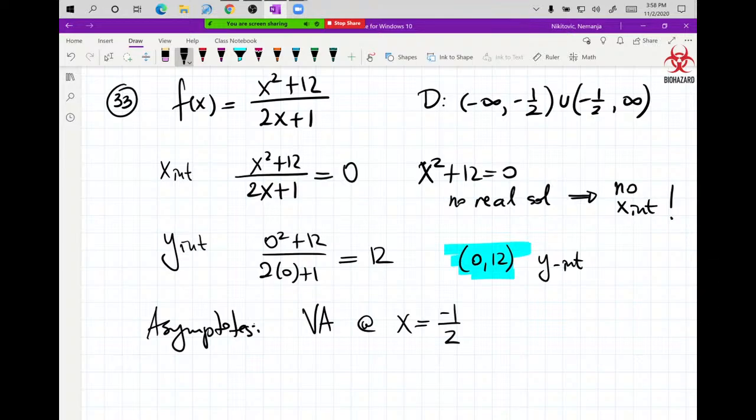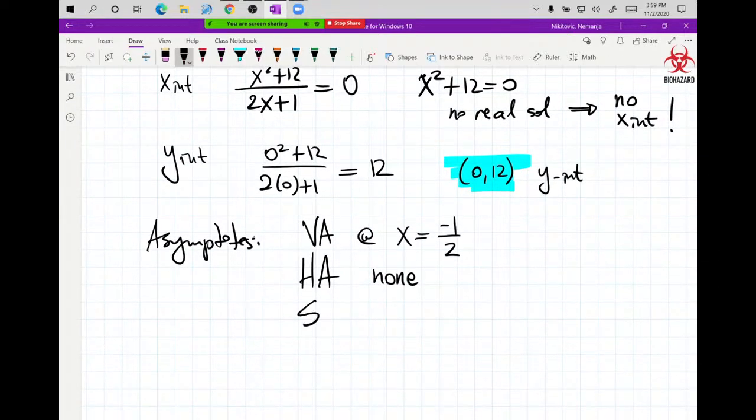Horizontal asymptote is none, because the degree in the numerator is larger than the degree in the denominator, and if you are to take the limit of that as x goes to infinity, you are not able to bound that at the end. So no horizontal asymptote.